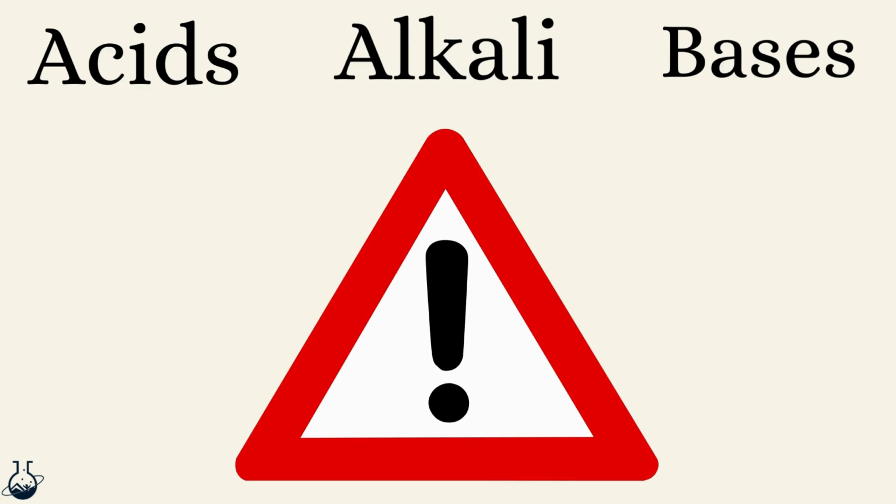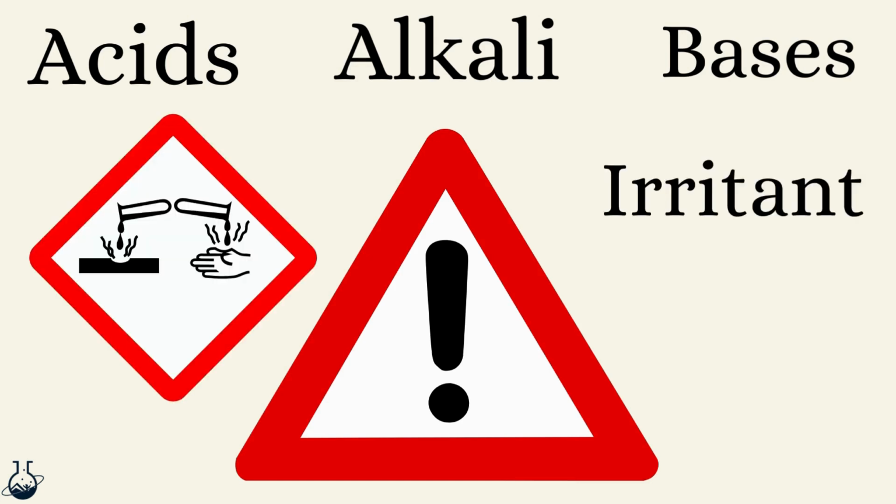It's common for people to think that acids are dangerous and alkalis are not. This is just not the case. In certain concentrations and levels, all three have the potential to be irritants, or burn and destroy living tissue, or even react with metals, so they may be corrosive. You must take care when dealing with acids, alkalis, and bases.